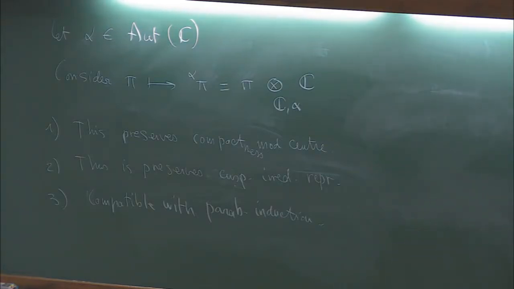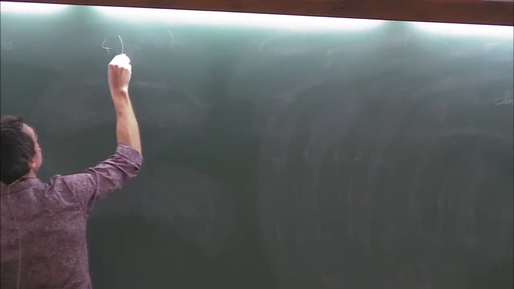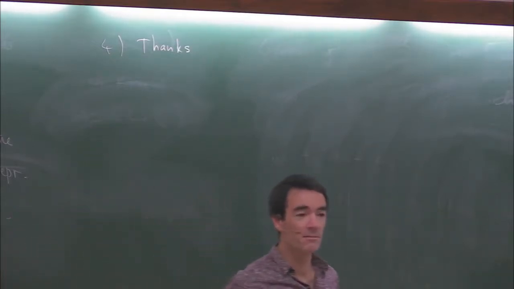And now, if you look at the classification of essentially square integrable representations by Bernstein and Tadic that I gave you yesterday, you will see that, if you look at the definition of square integrable in terms of being in L2 of G mod Z, it is not clear a priori that twisting pi by alpha will preserve the fact of being square integrable.